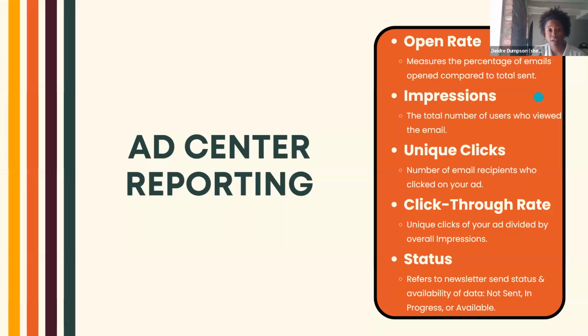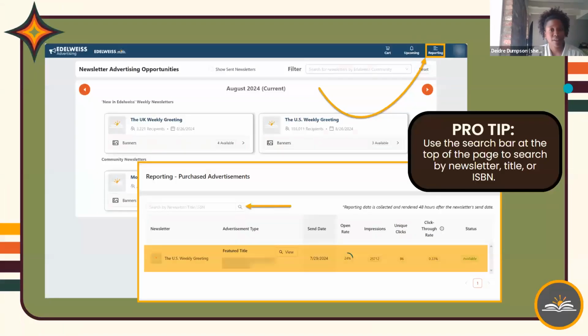Click-through rate is telling you the unique clicks of your ad divided by overall impressions. And status just refers to the newsletter send status and the availability of data. So you'll see if it's not sent yet, in progress, or if there's data currently available for you to review.